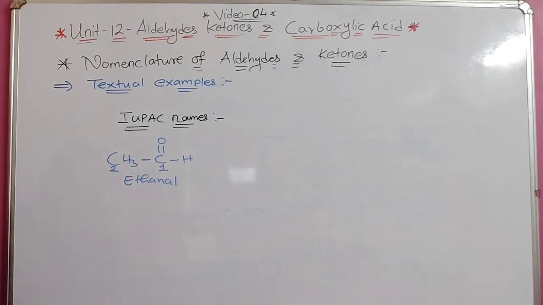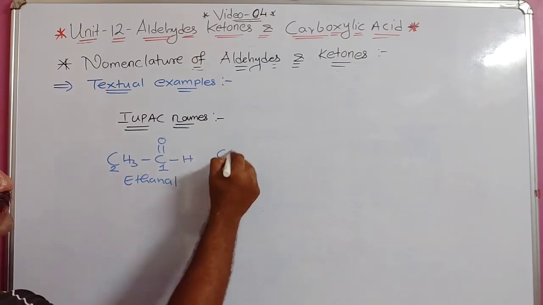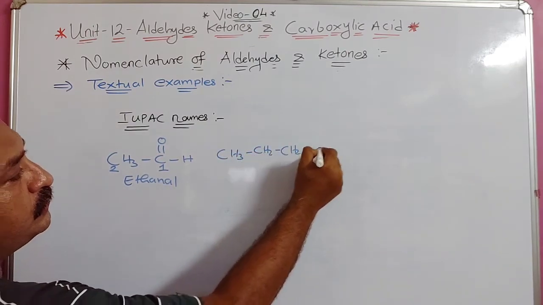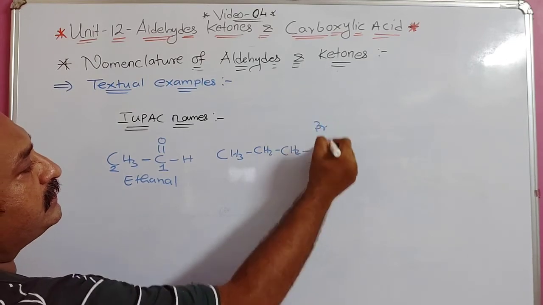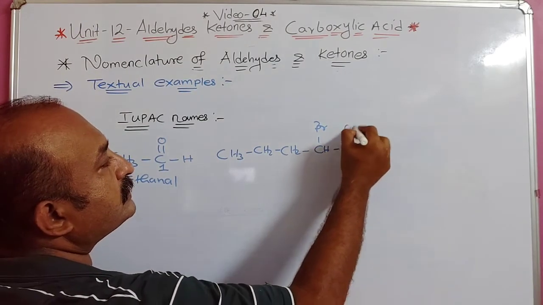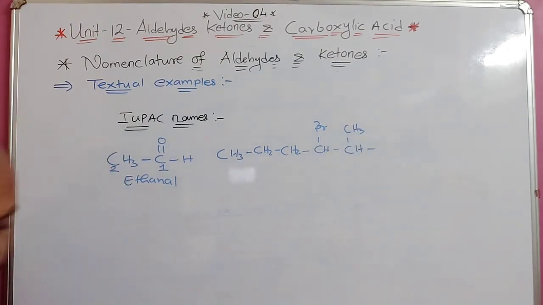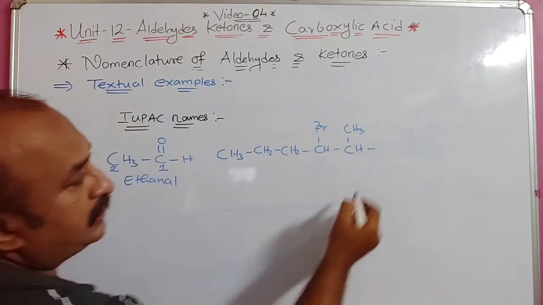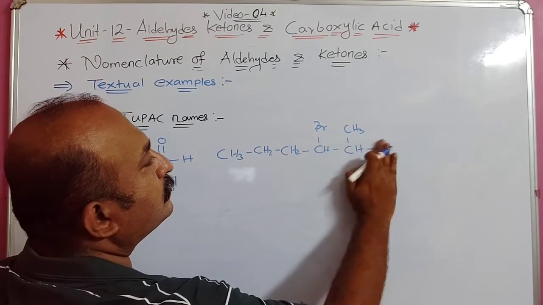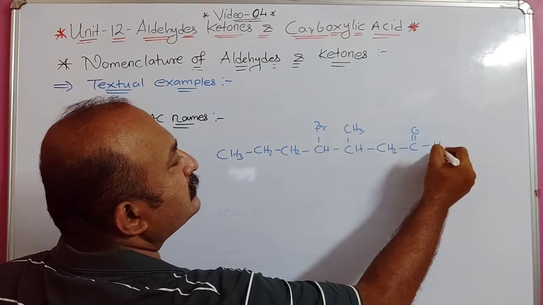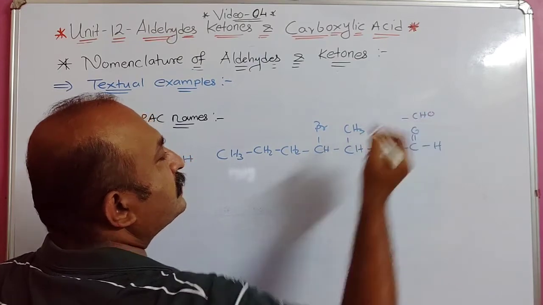Always remember this thing. Then another example is given like this: CH3, CH2, CH2, C with Br, H, again CH, here CH3, then CH2, CH2 and C double bond O and H. This you can also write as CHO group.